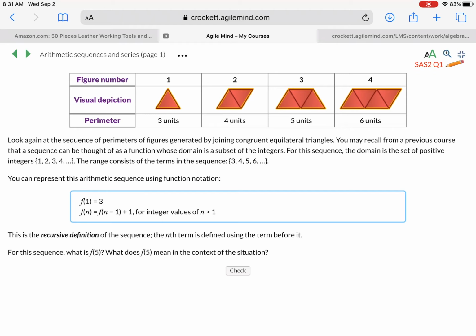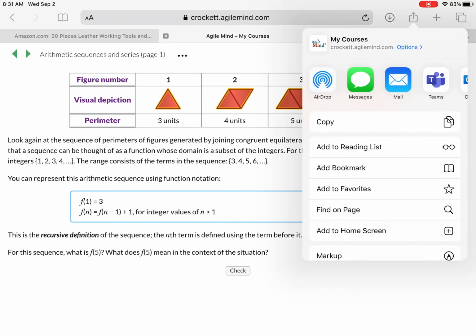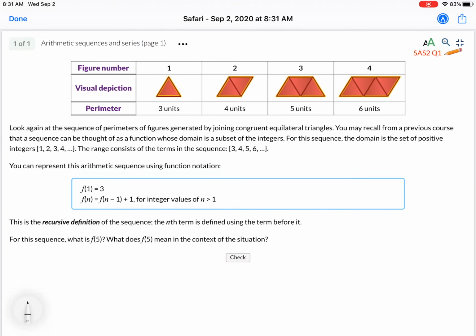On number 1, on today's section, student activity sheet 2, it says the sequence of figures generated by joining congruent equilateral triangles can be represented using function notation. This image is what we talked about yesterday. Remember, if I put in a 1, I'm getting out a 3.